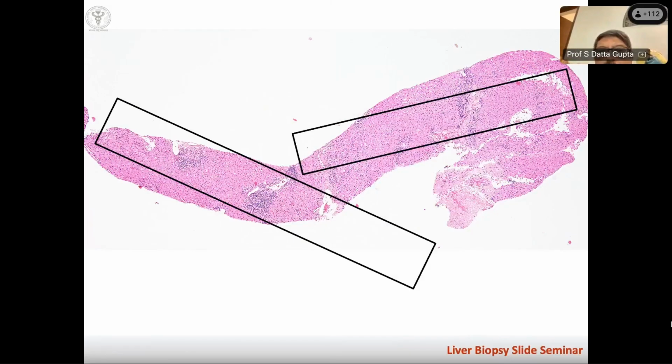So in chronic liver disease, that's why the length of liver biopsy that you see is very, very important. It can be patchy. Whenever there is patchy disease, especially in chronic liver disease, you have to be very careful. Unless you have a big core, you're likely to under or overdiagnose.